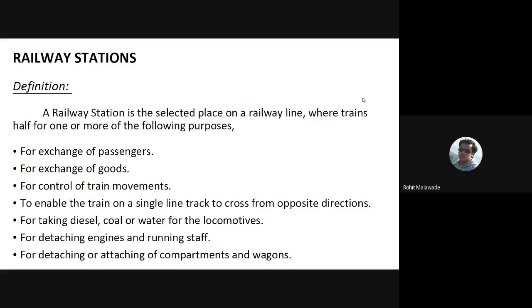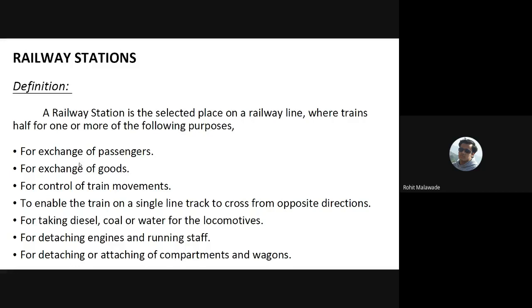Now, in order to have the exchange of passengers, their departure and arrival, we are going to have railway stations. If a person wants to move from one place to another, he has to board and leave the train.